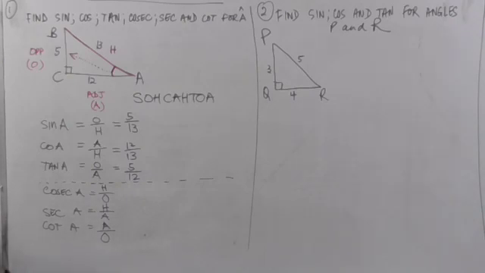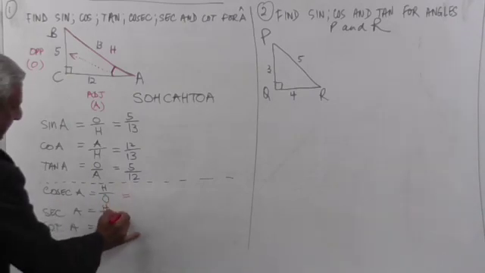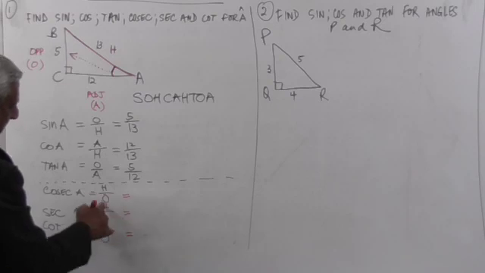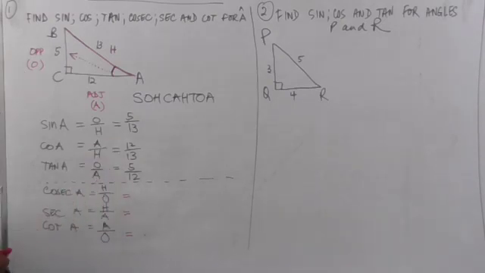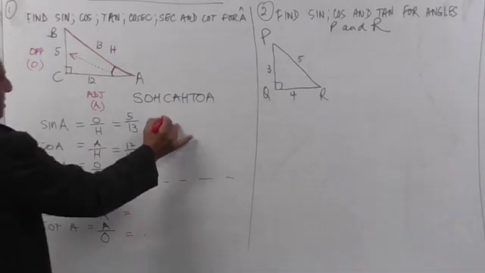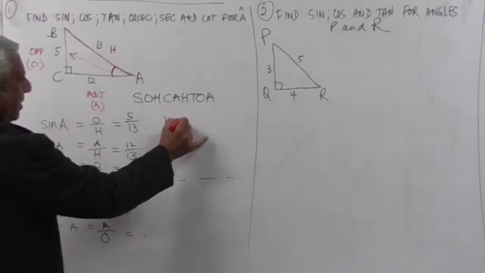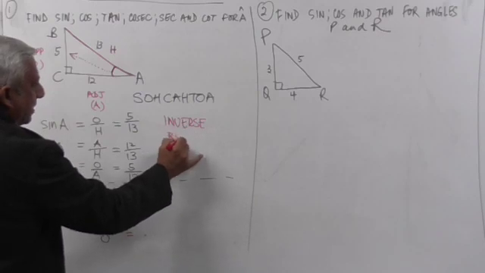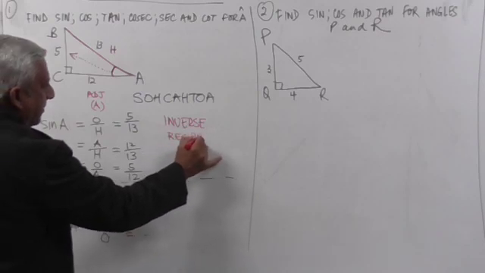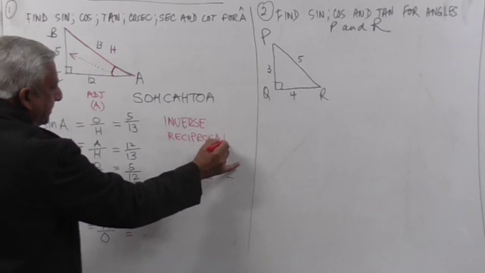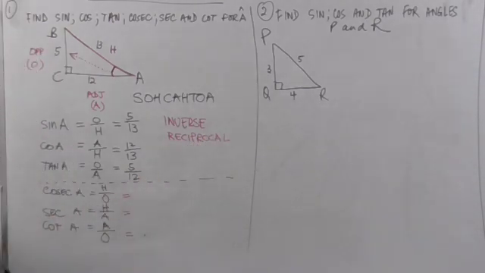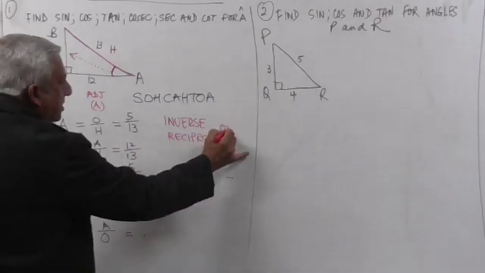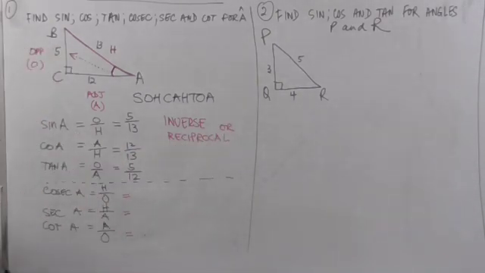Now, for the next three, they are inverses of these. Another word for inverse is reciprocal. These two words mean the same thing, inverse or reciprocal.